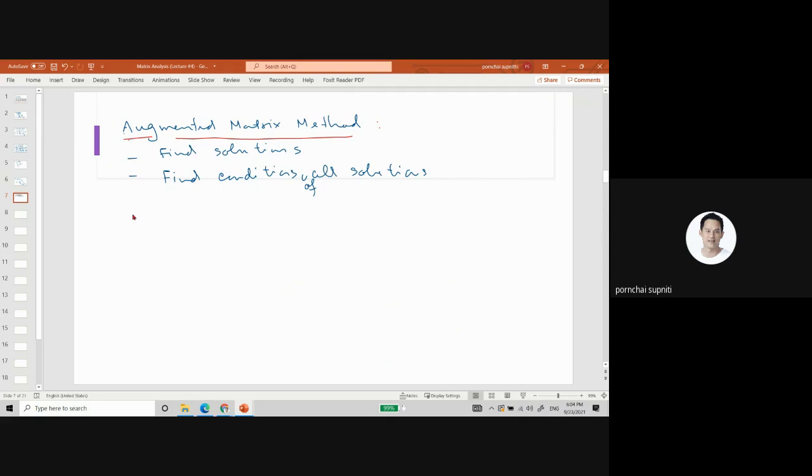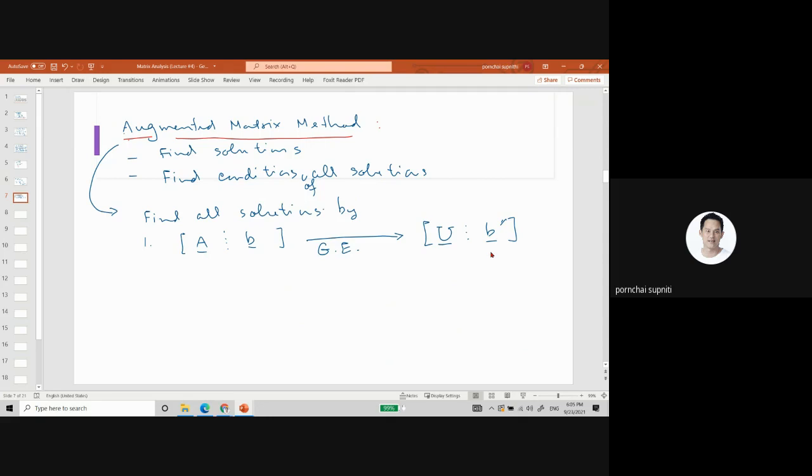So the augmented matrix method will help us find solutions by transforming the problem in two steps. Step number one, we augment matrix A together with vector B, and then use Gaussian elimination to transform to U and the dash.